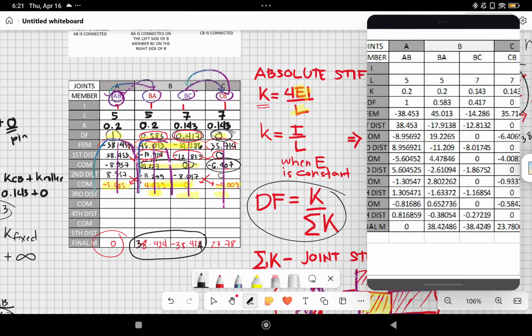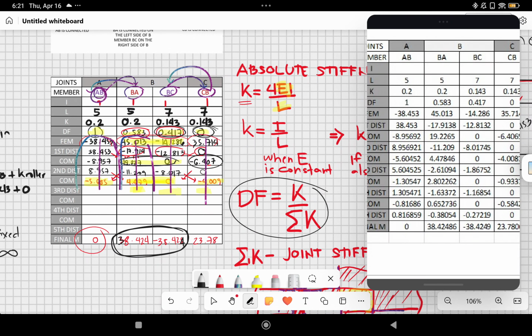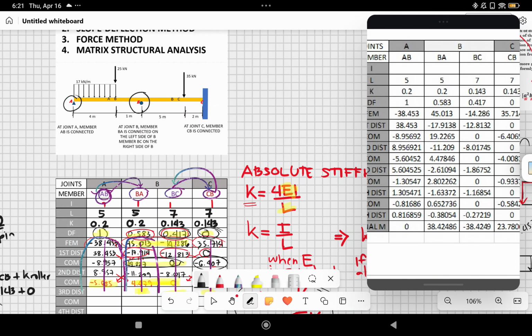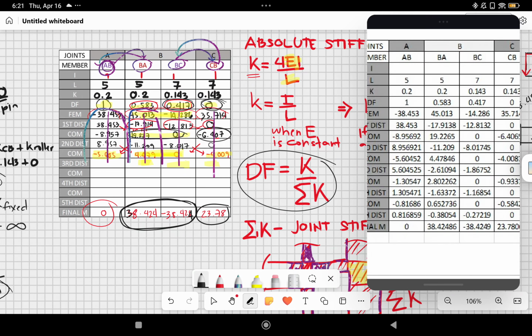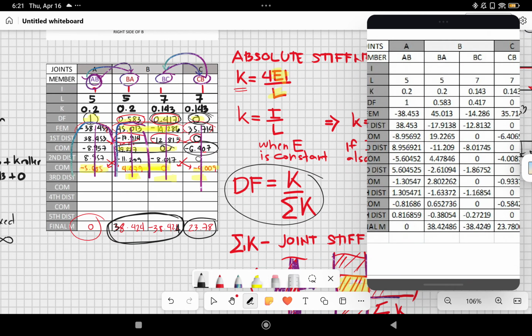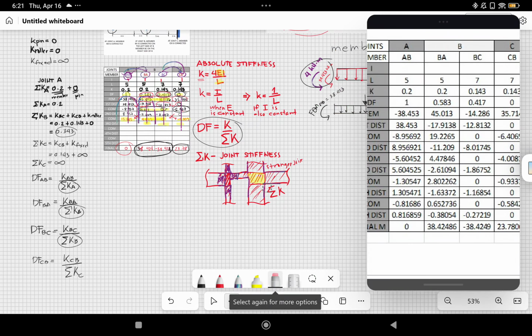So, that is equals to 0 if i-add natin tong dalawang to. So, magbabalance siya. So, ibig sabihin at the roller, 0 din yung moment natin. And then, this one, it has a value since at the fix, it is expected that a moment will be transferred to the fixed support. So that is 23.78.